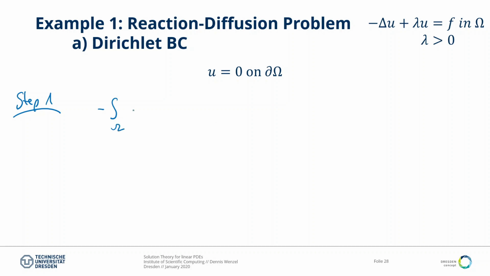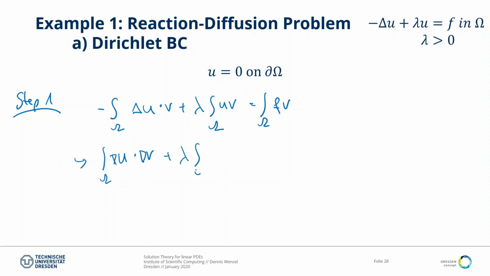So minus integral over omega, not 2 minus, just 1, Laplacian of u times v plus lambda times the integral over omega of uv equals the integral over f times v. Then we apply the Gaussian theorem for the first integral, and this gives us an integral over omega of gradient of u times gradient of v plus lambda times the integral of uv equals integral over f times v.